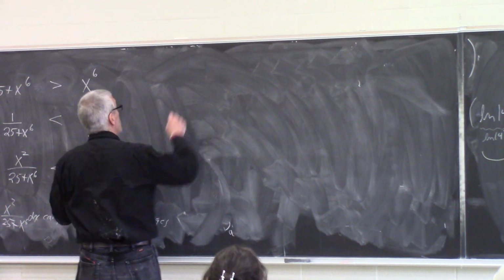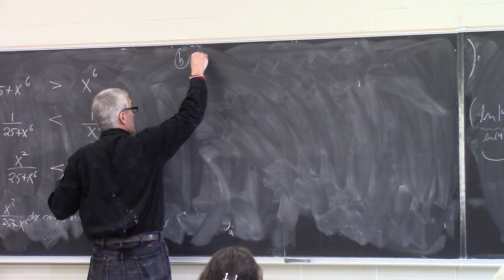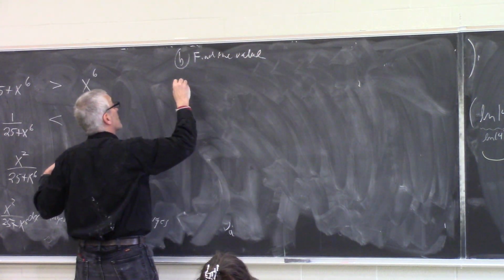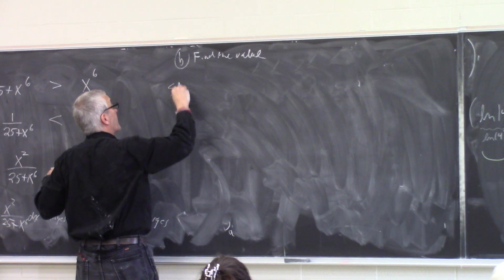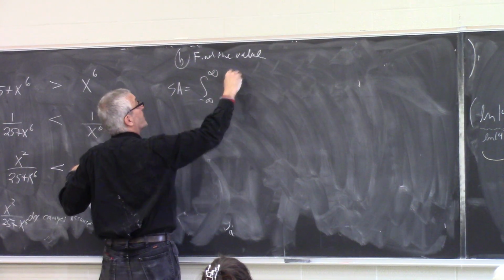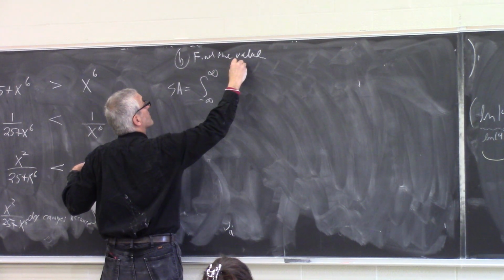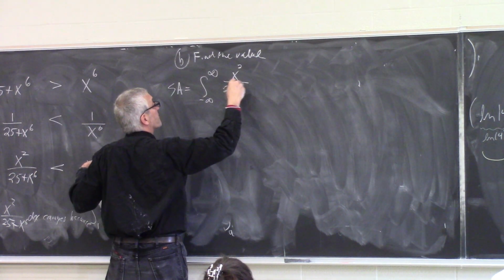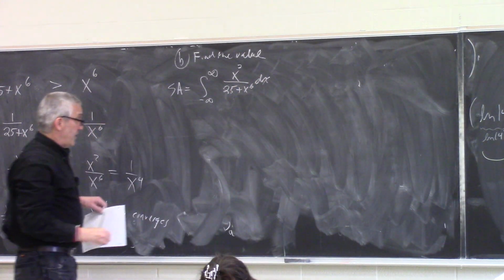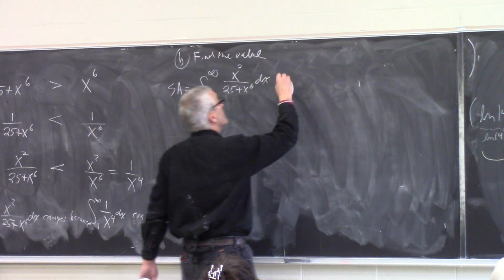So find the value. So the integral, we're going to call this signed area. It's going to be the integral from minus infinity to infinity of x squared over 25 plus x to the sixth. And so I have to break this up into two pieces.